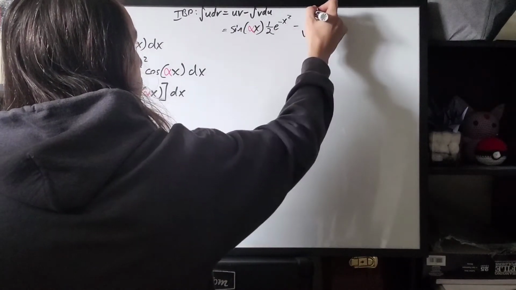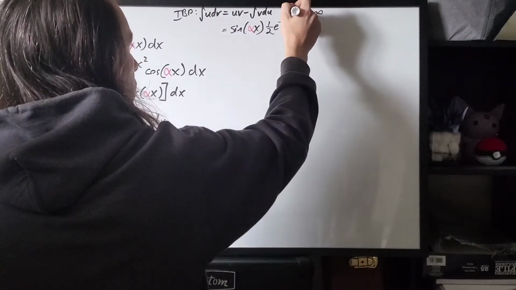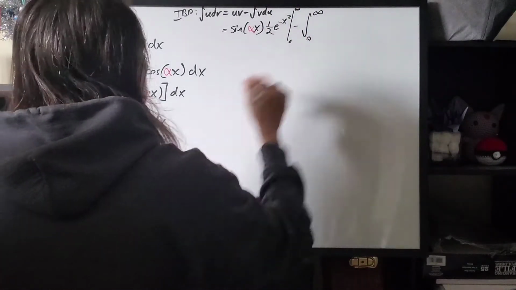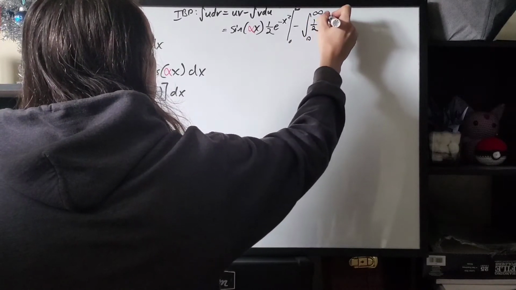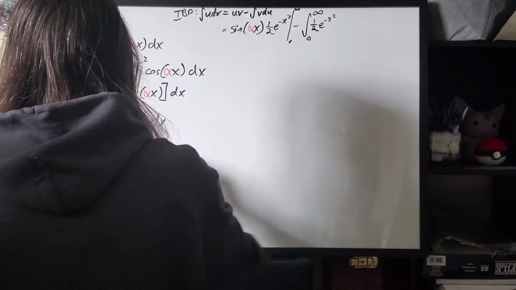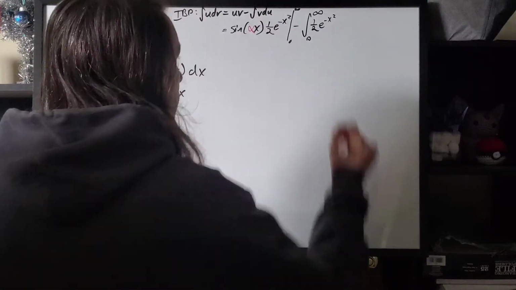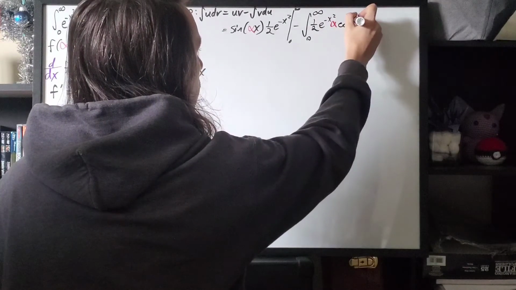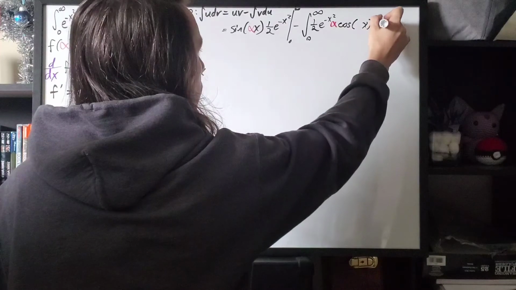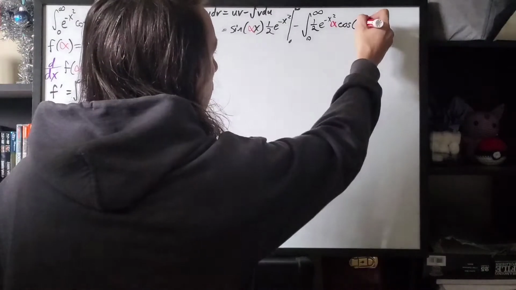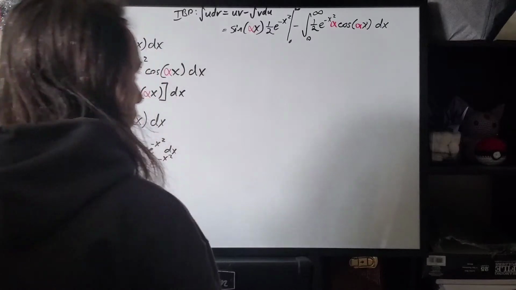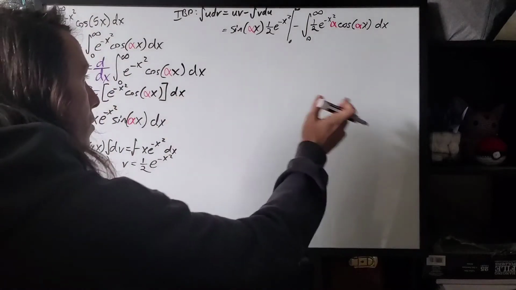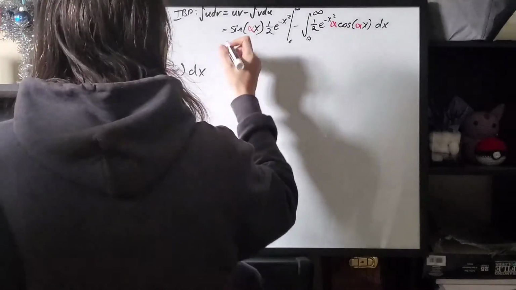The integral is still bound from 0 to infinity, and this is part of our answer, so it's also bound from 0 to infinity. And v is 1/2 e to the negative x squared, and du was alpha cosine alpha x, still with respect to x. Now we can do a little simplification to make everything a bit nicer.